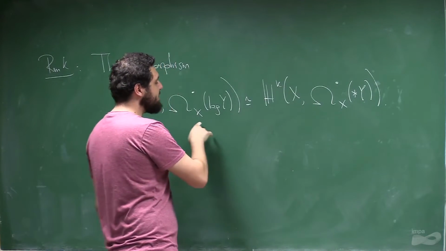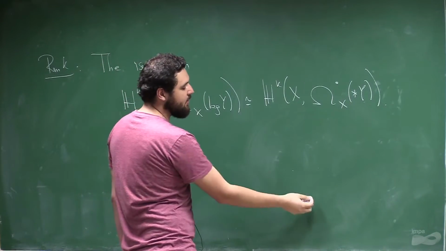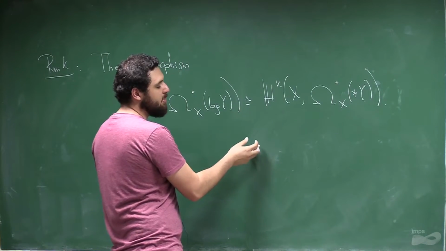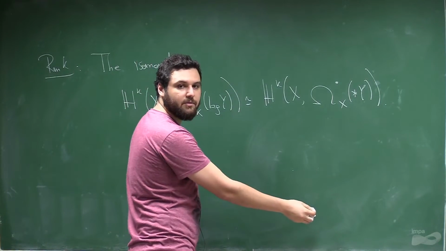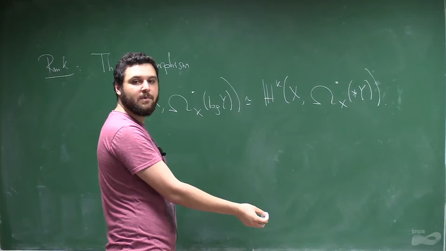But what is the image of the natural inclusion? The image will be a sequence of forms with logarithmic poles along Y, and these poles are always poles of order 1.